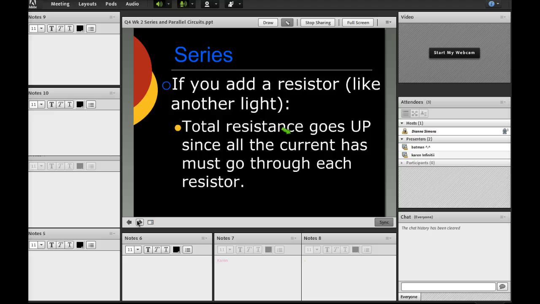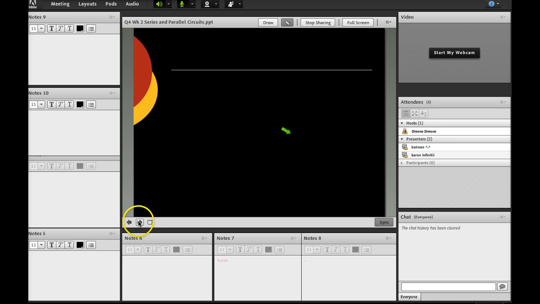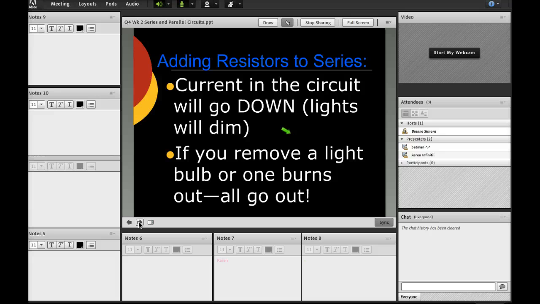So if you add a resistor, like another light, lights are considered resistors, then the total resistance in this circuit is going to go up, right? Because the total resistance is R1 plus R2 plus R3 plus R4. All right. So current in a circuit will go down.